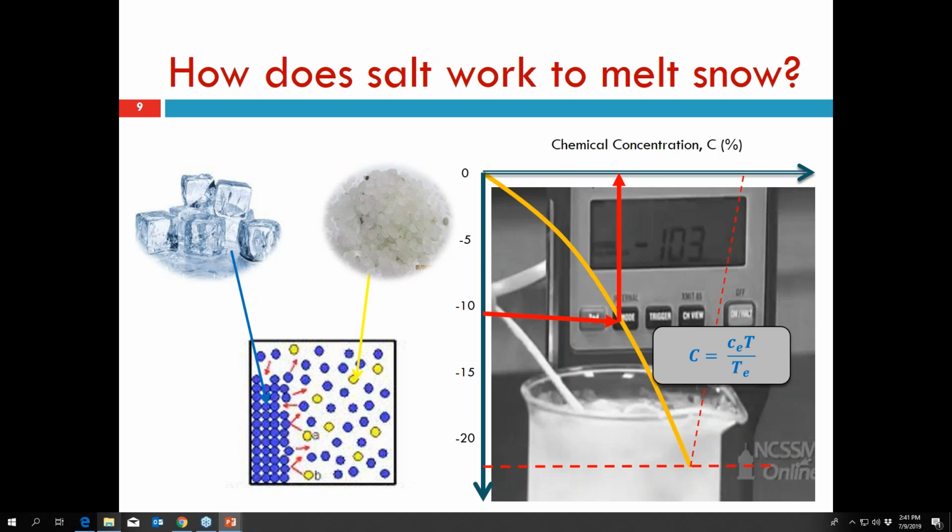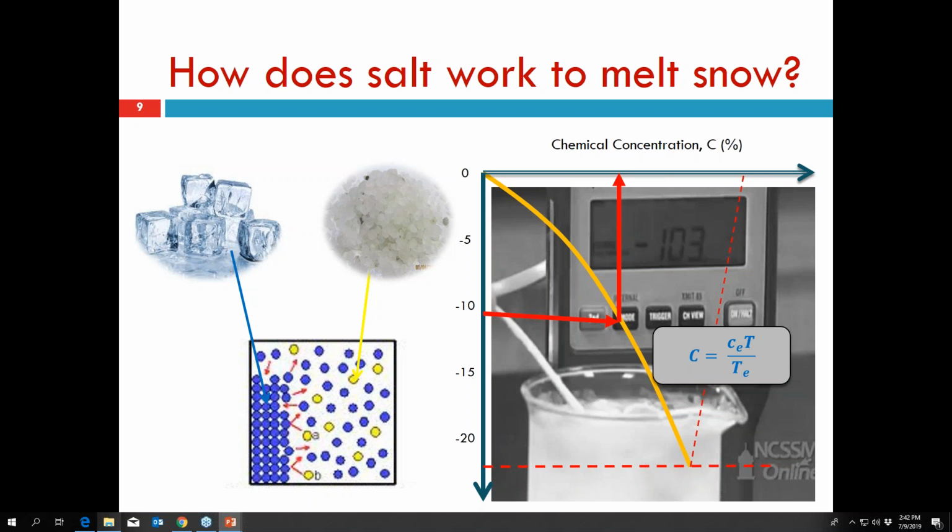For example, the pavement type, traffic volume, sky view condition, snow amount on the ground, snow amount in the forecast, the pavement temperature, and light snow versus heavy snow, and how these things affect salt performance.